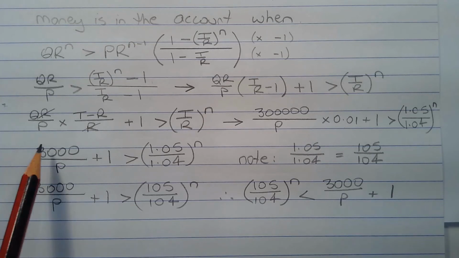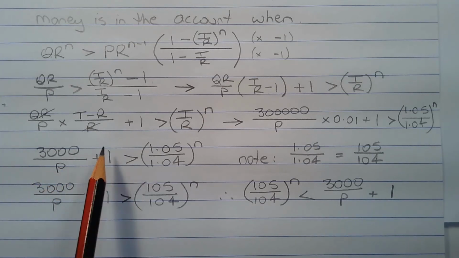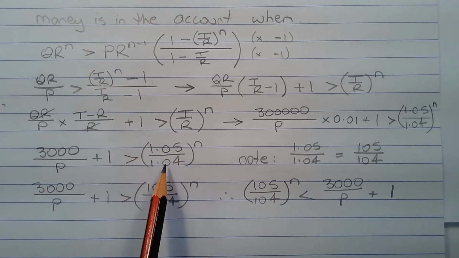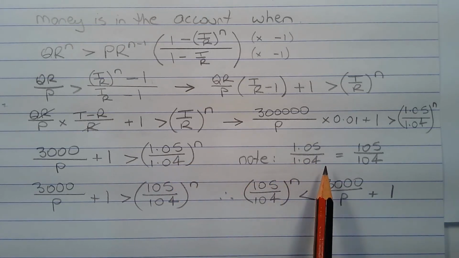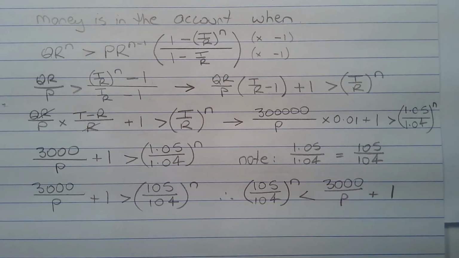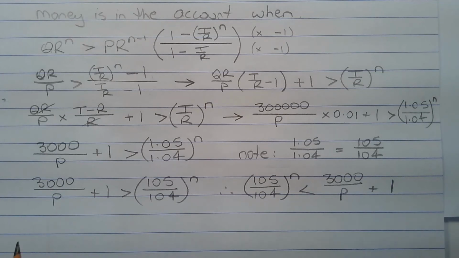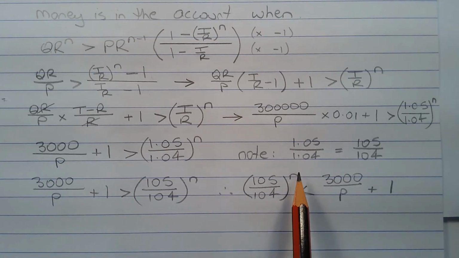So we end up with 3,000 over p plus 1 is greater than (1.05 over 1.04) to the power of n. And note that 1.05 over 1.04 is equal to 105 over 104. Again, it doesn't change the value of the fraction. So we have 3,000 over p plus 1 is greater than (105 over 104) to the power of n. And that can be written as (105 over 104) to the power of n is less than 3,000 over p plus 1, as required.